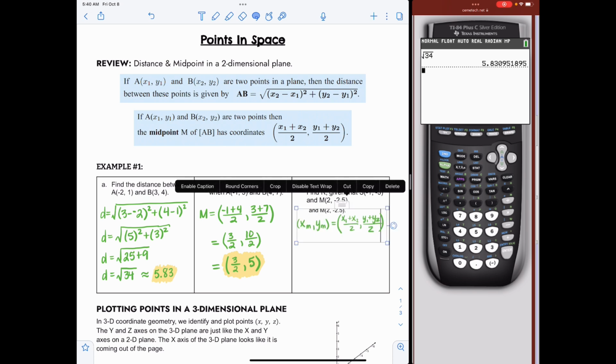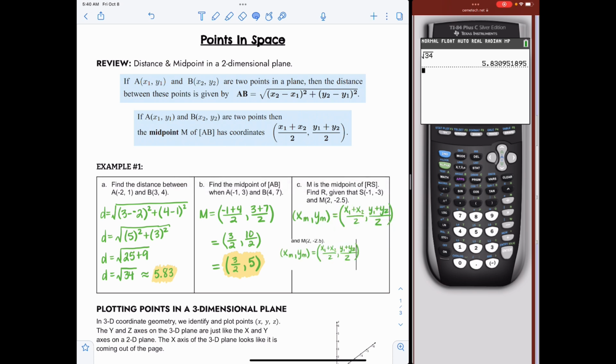All right, in the two equations that you're going to have, the x value of your midpoint is equal to the sum of the x values of your endpoints divided by 2, and then the y value of your midpoint is equal to the sum of your y values divided by 2.